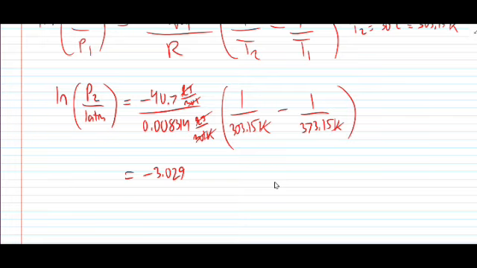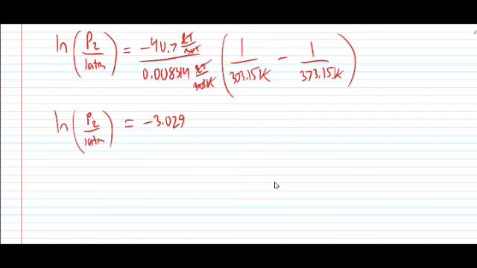And now natural log of P2 over 1 atmosphere. We need to get the natural log function out, so we do that by raising both sides to the e. So e to the natural log of P2 over 1 atmosphere gets rid of the natural log function, and we're left with P2 over 1 atmosphere equals e to the negative 3.029.